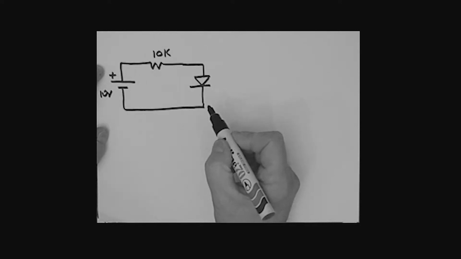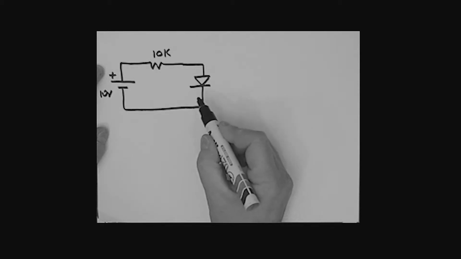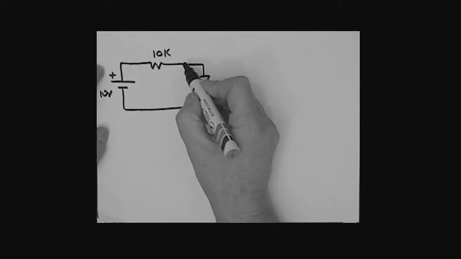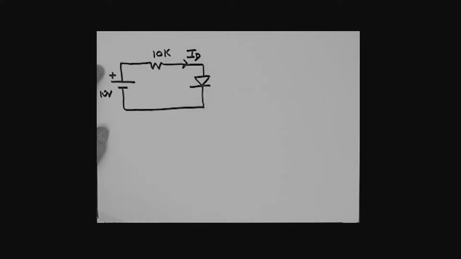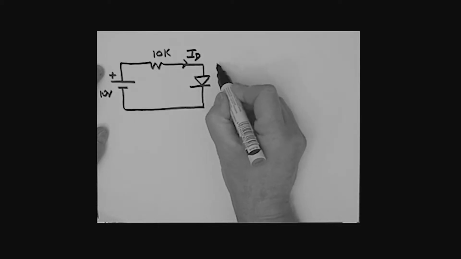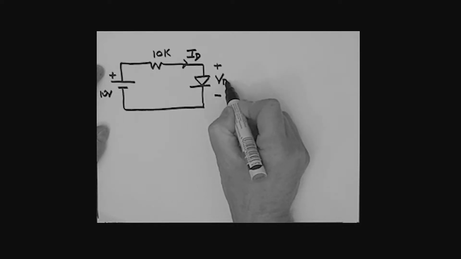Now you were asked, in the previous problem, to find the current ID and also the voltage VD. So here's my current ID, but this time I'm going to use the second approximation. Let's define that voltage there, plus minus, as the voltage VD.